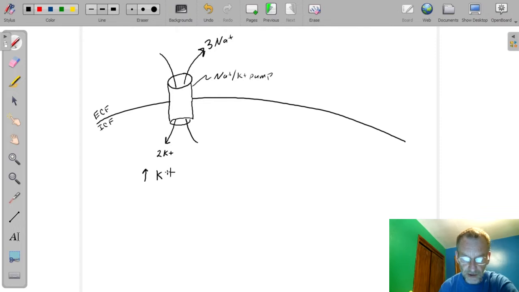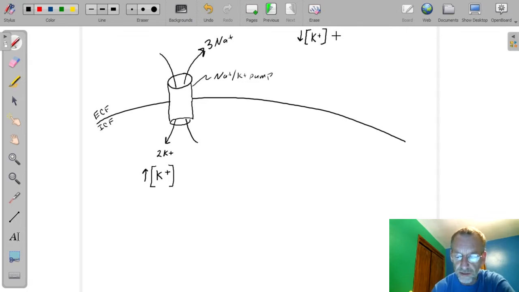So I'll represent a relatively high concentration with an up arrow. In standard chemistry nomenclature, if you put something in square brackets, that just means concentration of. So that would read concentration of potassium. It's relatively high. And then on the outside of the cell, it would be the opposite. There's very little potassium outside the cell.